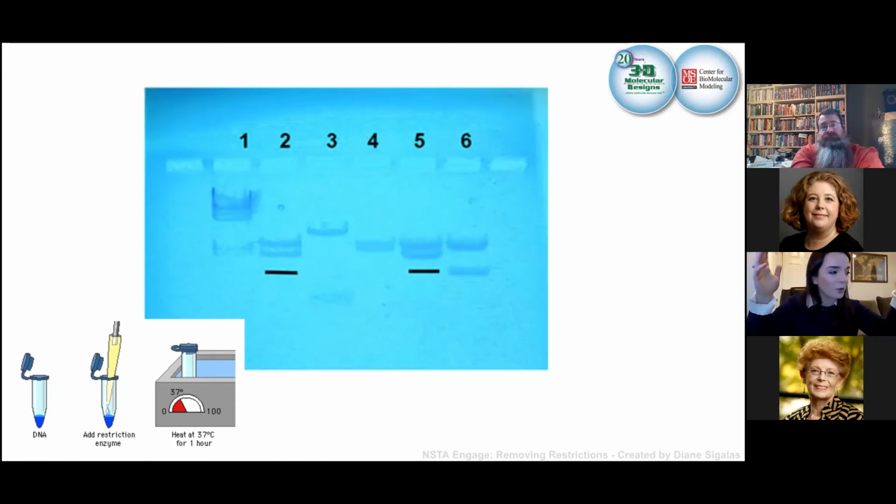Even when Mary would run this, it would look smeared. So the restriction enzymes, when it would run on the gel, it might as well have been a bagel and cream cheese. It was just a smear of nucleotide residues. So it never came out right.